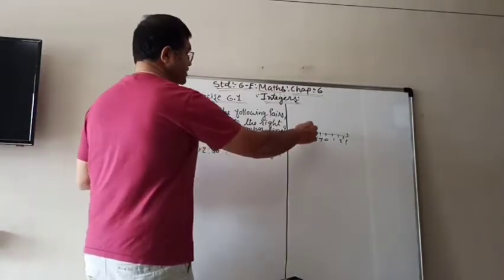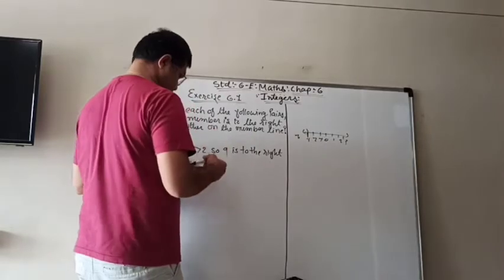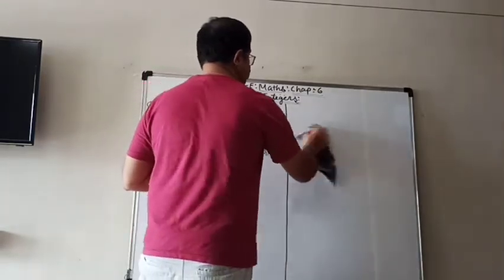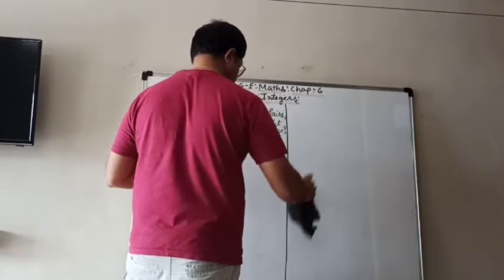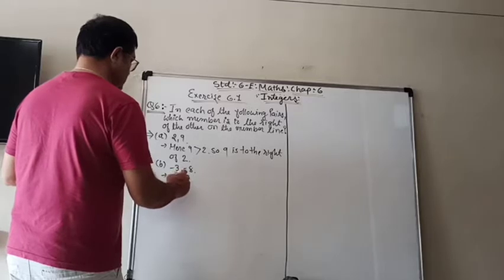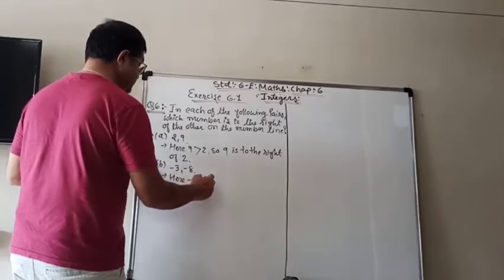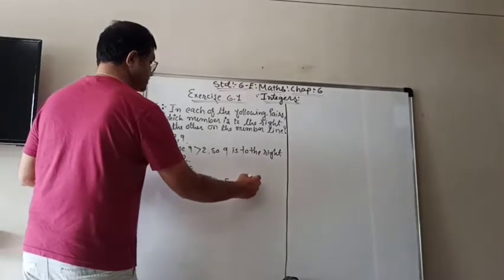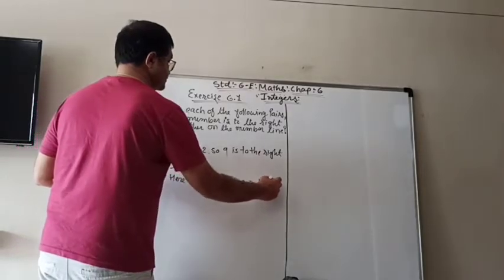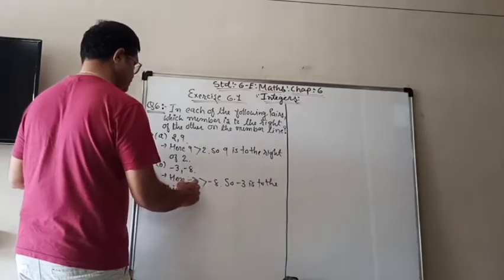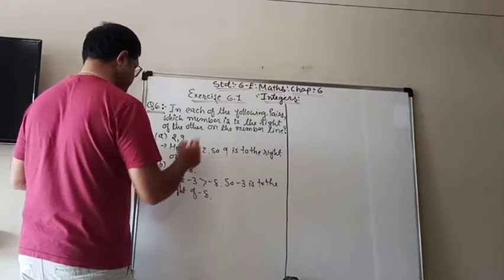So -3 will be here and -8 will be this side. So -3 is greater and -8 is smaller. So here -3 is greater than -8. So -3 is to the right of -8.